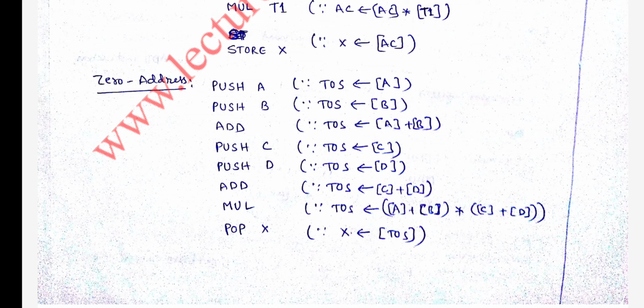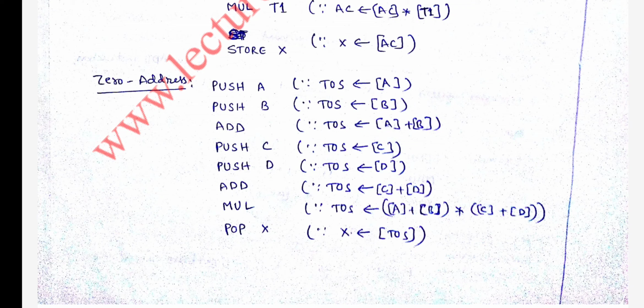B is also pushed onto the top of the stack, and ADD: both A and B are added and the result is stored again on the stack. Then PUSH C and PUSH D, both are added together and again the result is stored on the top of the stack.